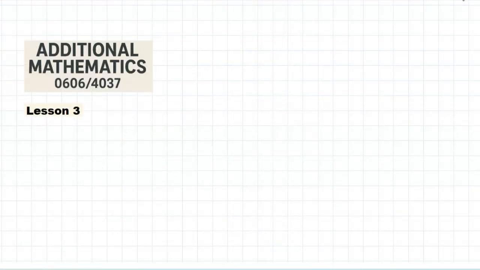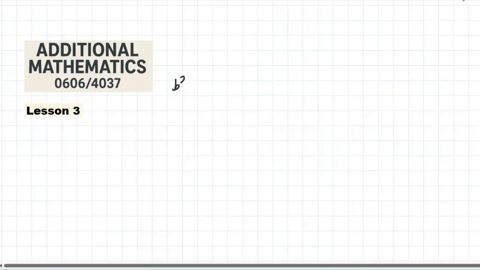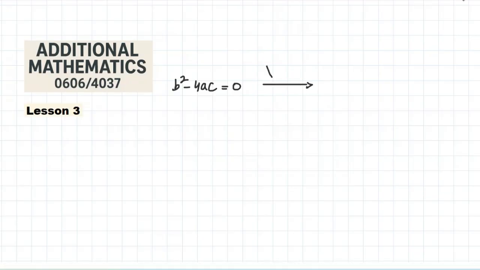Now that you've seen how the discriminant helps us determine the nature of roots of a quadratic equation and how that connects visually to the graph of a parabola. For example, if b squared minus 4ac is equal to 0, then you have either this situation or this situation, right? Depending on the value.